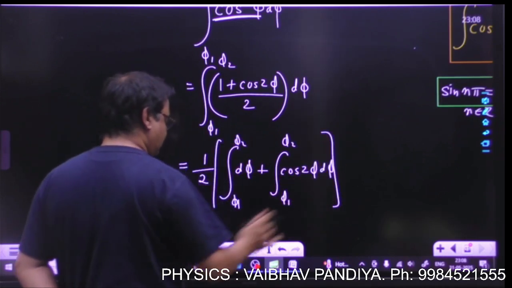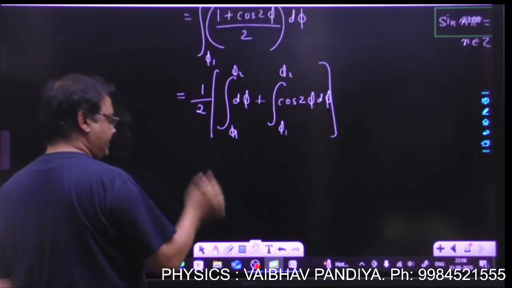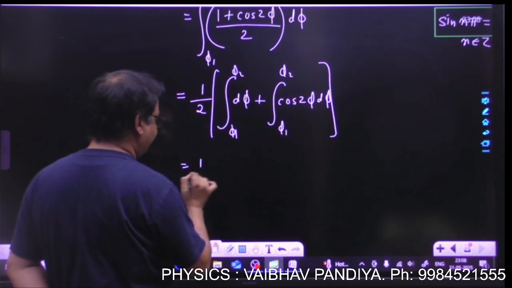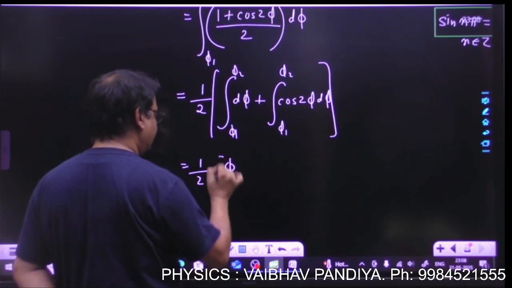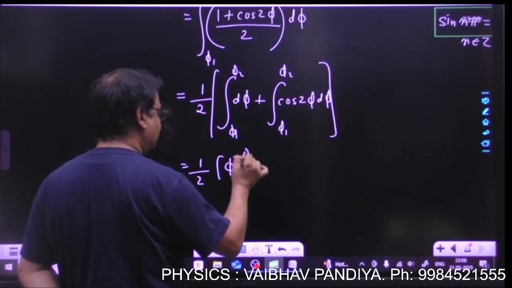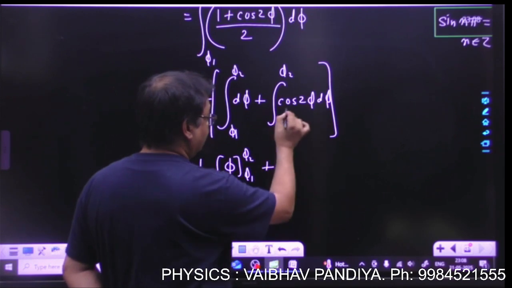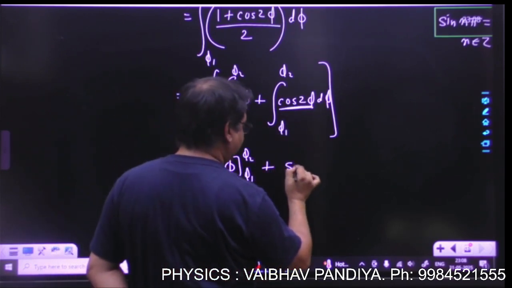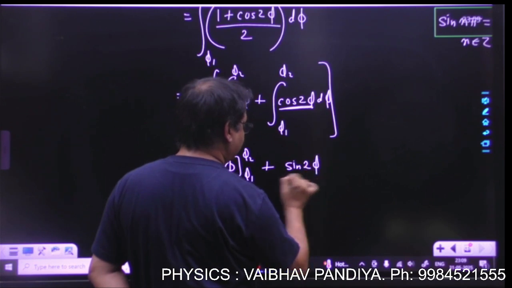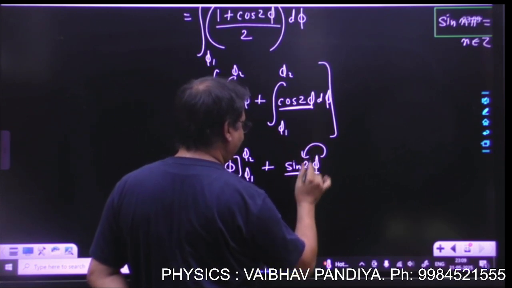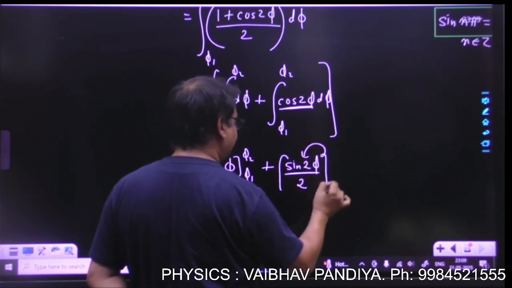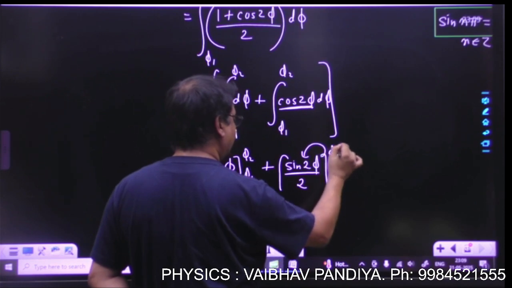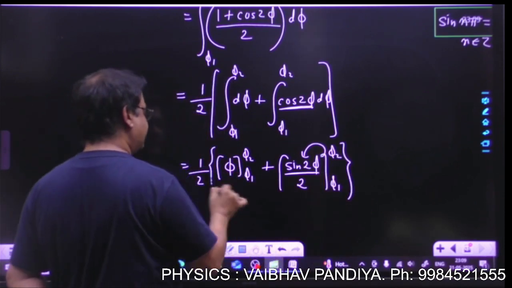Now what will be the integral of d phi? So the integral of d phi will be phi within the limits of phi 1 to phi 2 plus the integral of cos 2 phi. So cos 2 phi will have an integral sin 2 phi, and further we have to divide by the coefficient of phi, that is 2, within the limits phi 1 to phi 2, correct?